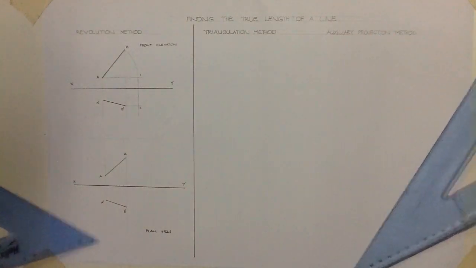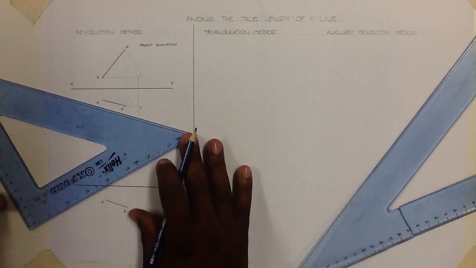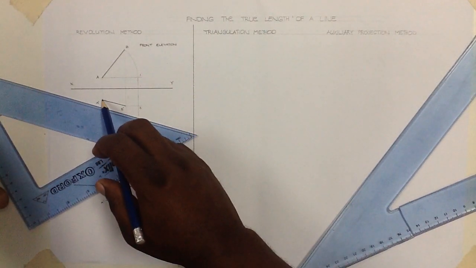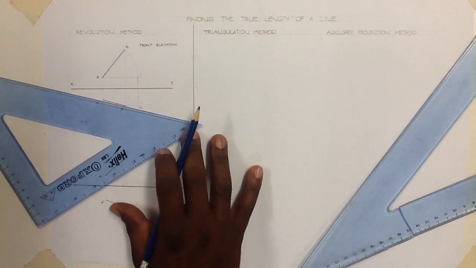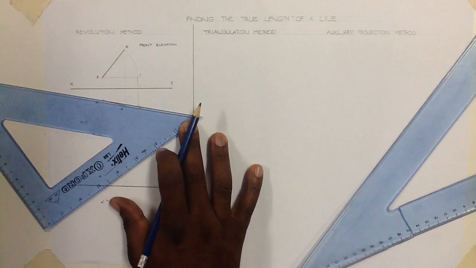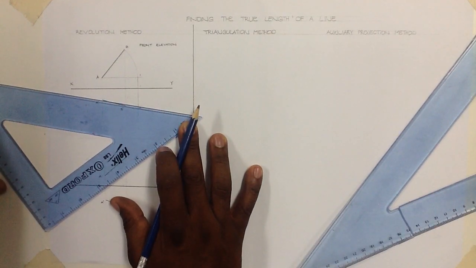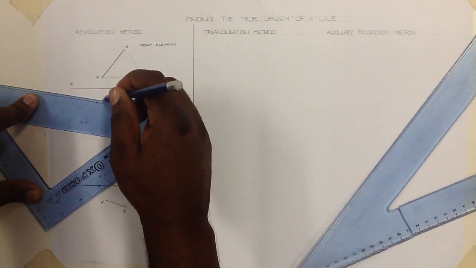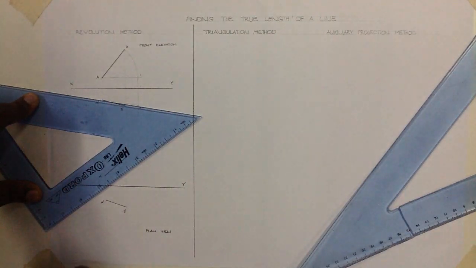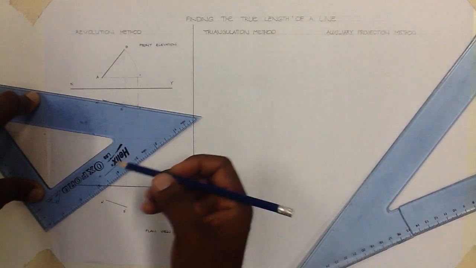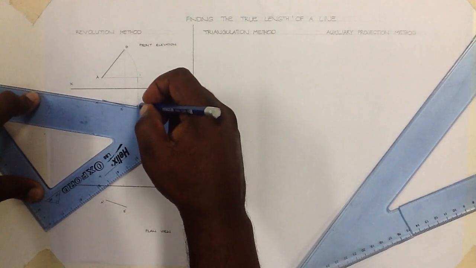Our next step, you're going to draw now a line from point A prime to point 2. And by doing so, you would have now drawn the true length, or found the true length of your javelin stick.